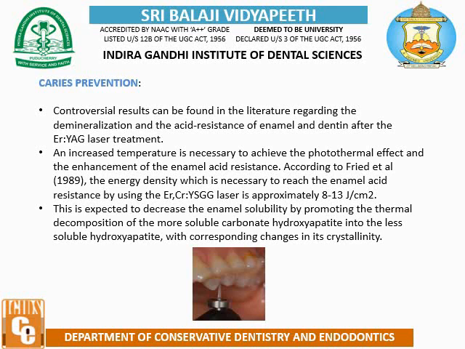According to Fried et al. 1989, the energy density which is necessary to reach enamel acid resistance by using the Er,Cr:YSGG laser is approximately 8 to 13 joules per centimeter squared. This is expected to decrease the enamel solubility by promoting the thermal decomposition of the more soluble carbonate hydroxyapatite into the less soluble hydroxyapatite, with corresponding changes in its crystallinity.